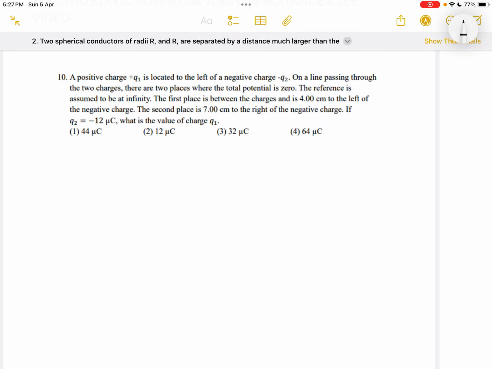Let's try to visualize this scenario. There is charge Q1 and then there is charge Q2. The distance between the place where the potential becomes 0 is 4 centimeter from here and 7 centimeter from there. If you look at why the potential is 0, you would simply say the sum of potential due to Q1 and potential due to minus Q2 would be 0, which means in magnitude both the potentials would be equal.